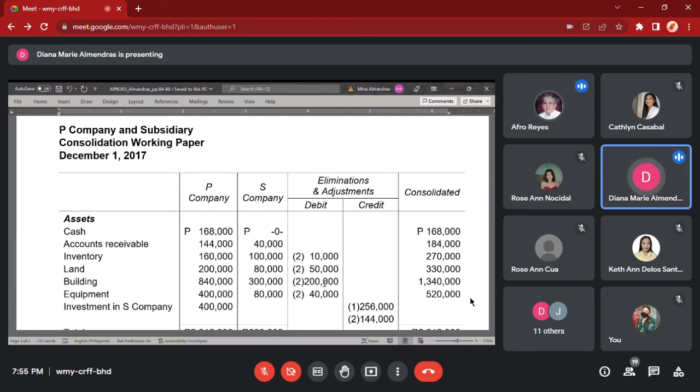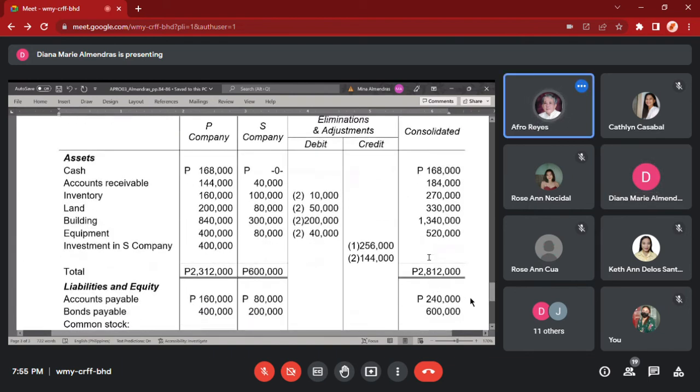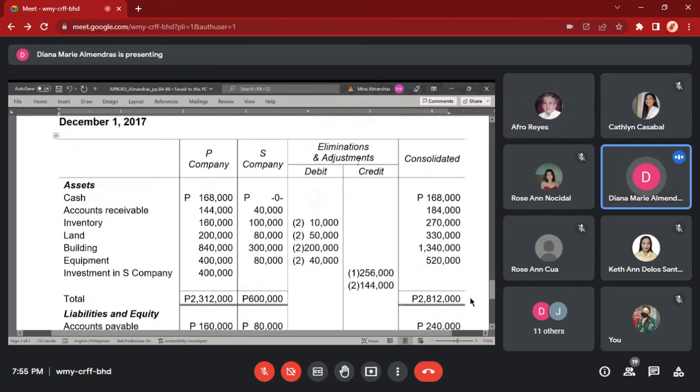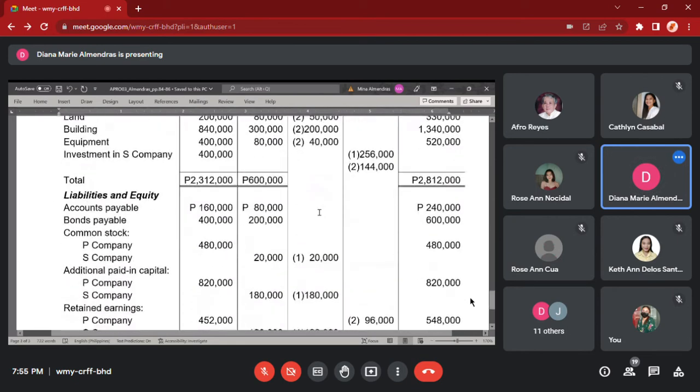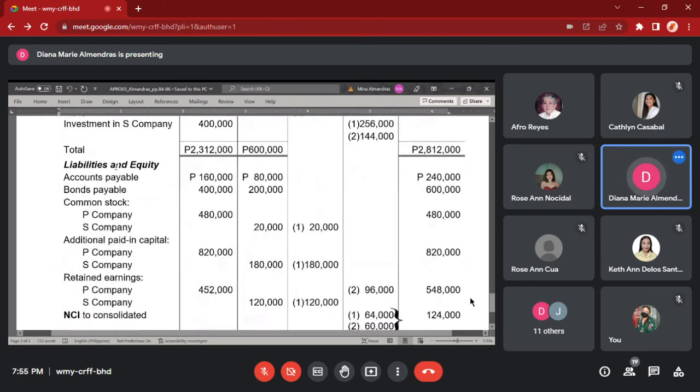Dahil eliminated na, hindi na siya recorded dito sa consolidated. Nakuha nga pala itong eliminations and adjustments dito sa entries kanina. Total assets of P Company 2,312,000 while for S Company 600,000. The consolidated asset is 2,812,000.